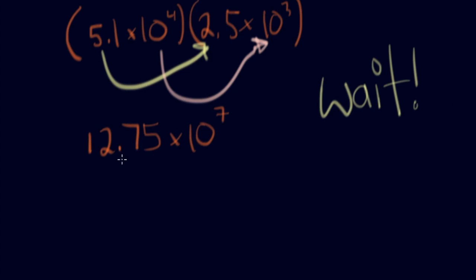So I'm going to move my decimal 1 place backwards. But if I do that, I need to add 1 to my exponent, because I'm basically moving it by a power of 10. So my final scientific notation answer is 1.275 times 10 to the 8th.